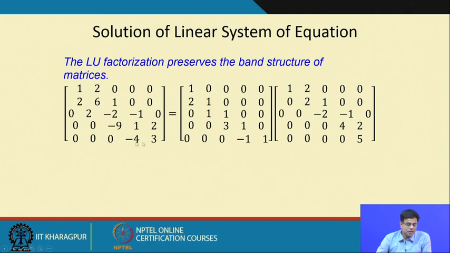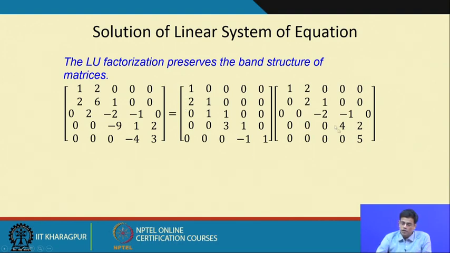In L, the diagonal elements remain 1 and the first band is non-zero, while the other elements are 0. Since this is a lower triangular matrix, the upper part has to be 0, so only the first diagonal band is important here.